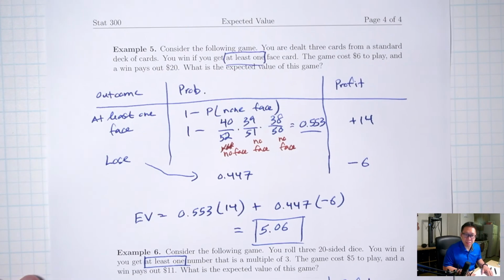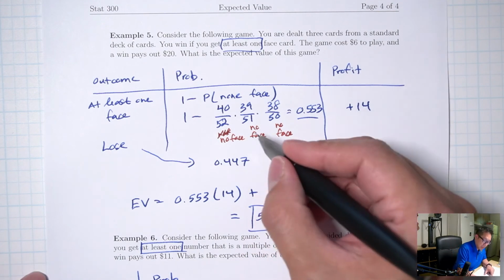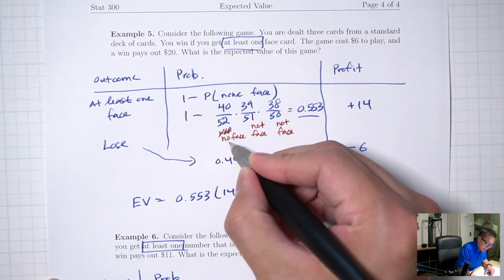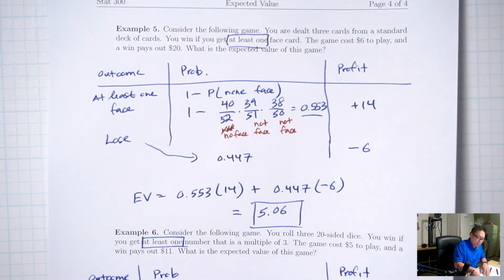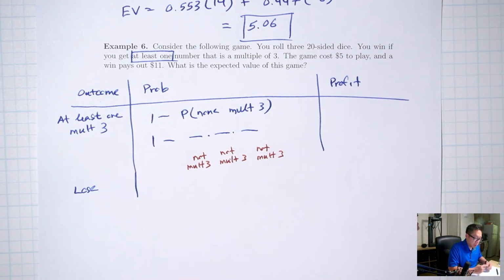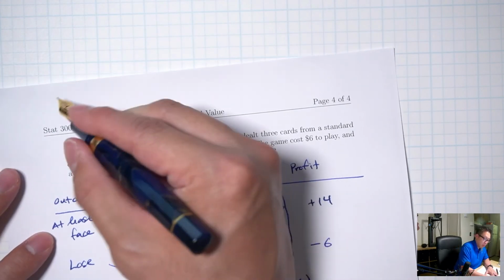I don't know why I said no face there. I should say not face. I went not face, not face, not face. Okay, so we're talking about dice. When you roll a dice, you can get 1, 2, 3 all the way up to 20.